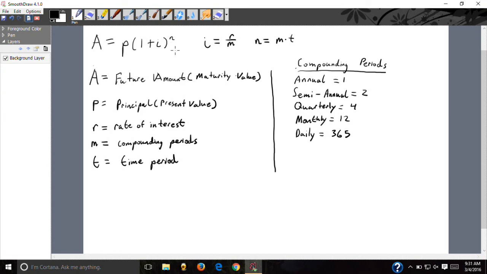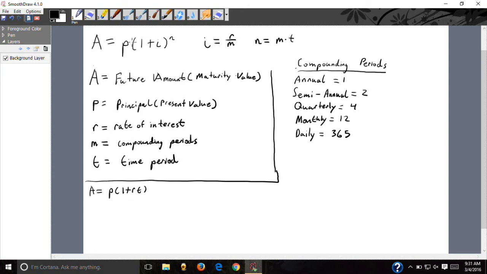So I wanted to talk about that because if we graph both of those equations, I'm going to write this really quickly down here. This is simple interest on the bottom: P(1 + rt).